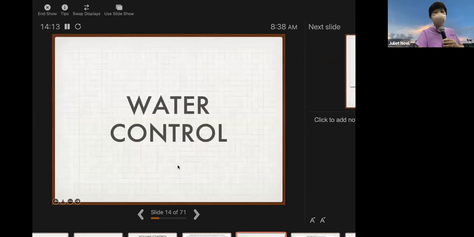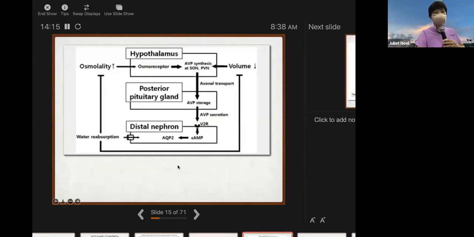How about the water control? It is the osmolality. The osmoreceptor in the hypothalamus will detect it, and either an increase in osmolality or a decrease in volume, hypovolemia, will both stimulate the hypothalamus to produce an antidiuretic hormone.